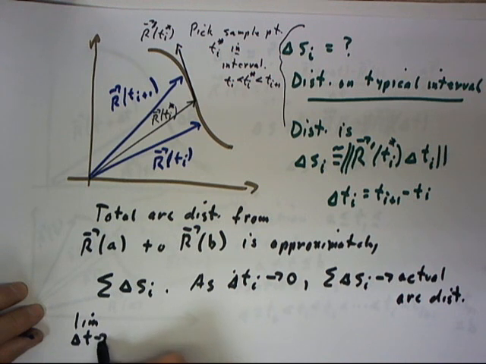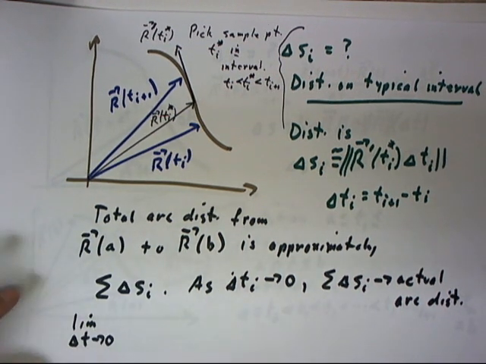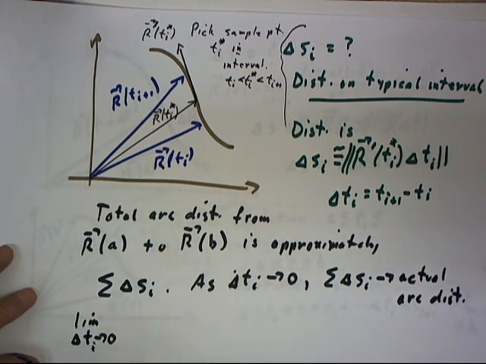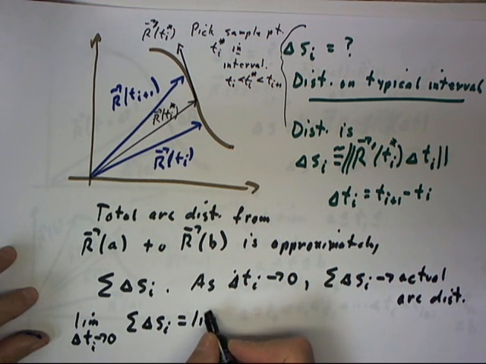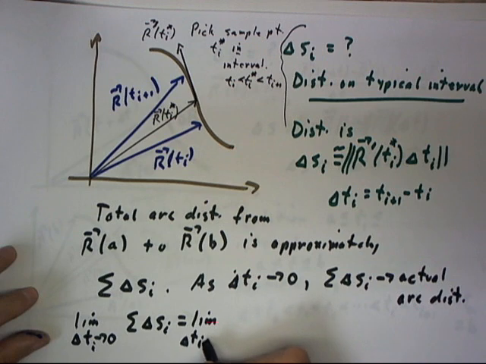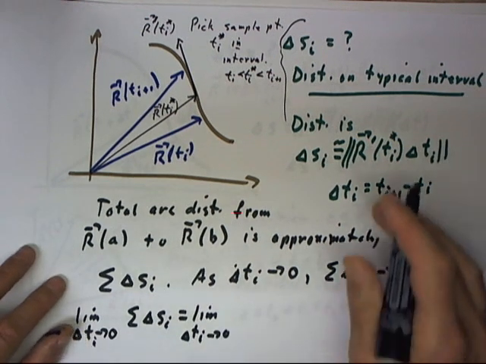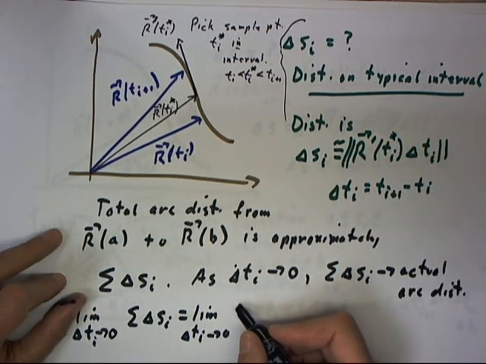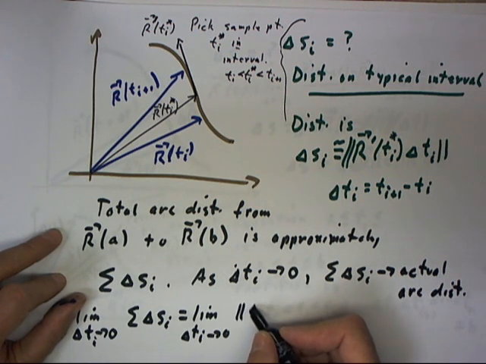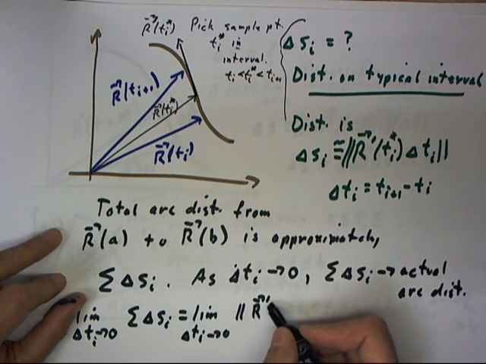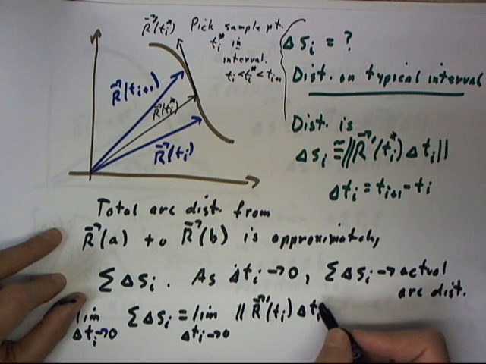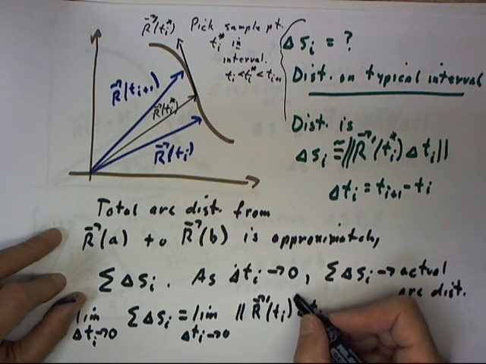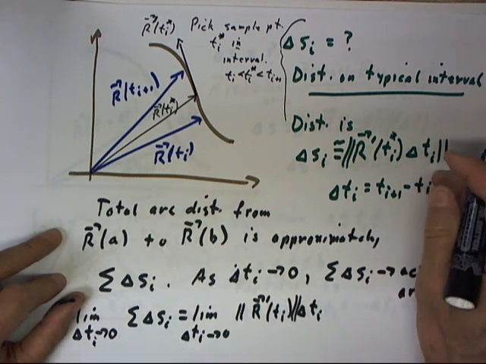Now the limit, and again I'm not being real rigorous here, I'm going to say with delta t sub i going to 0, of the sum of delta s sub i is the limit as our delta t sub i's approach 0 of this expression. Okay, this is the absolute value of r prime of t sub i delta t sub i. I'm going to put my absolute value signs here, and probably should have earlier.